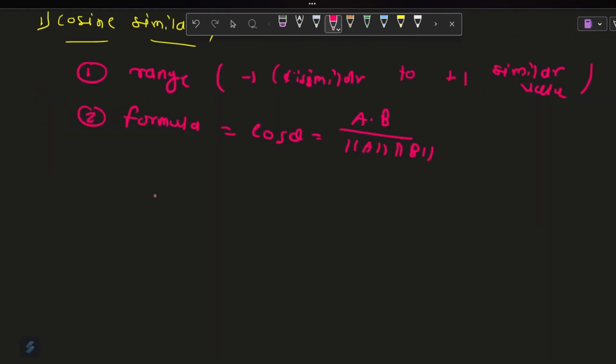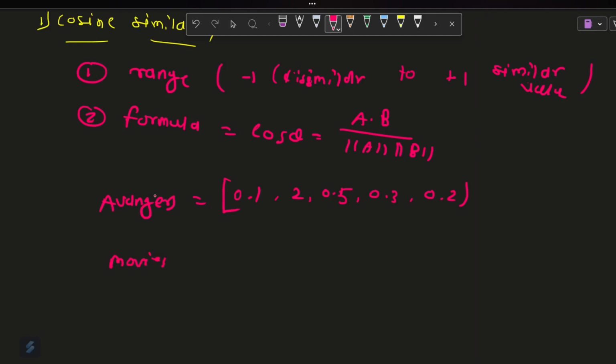Say we have one movie, Avengers, with ratings for drama, action, and so on, such as 0.5, 0.3, and 0.2.